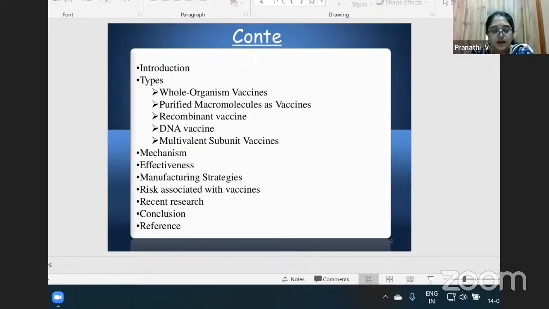So you have antigen reactive T cells and B cells coming into place, and you have the memory cells playing a role. Because of all this, you have a reduction in the number of people who are getting infected.